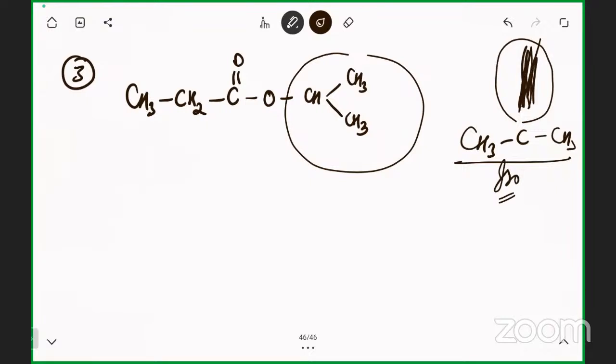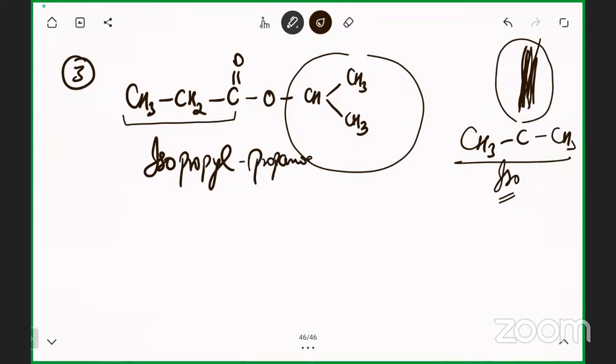If you have learned isomerism in the lower classes, you'll see that this is an iso condition. So in this particular condition, the name of this compound will be iso. Since 3 carbons are there, it will be propyl. On this position we have 3 carbons. So isopropyl propanoate. Okay, so this will be the answer.